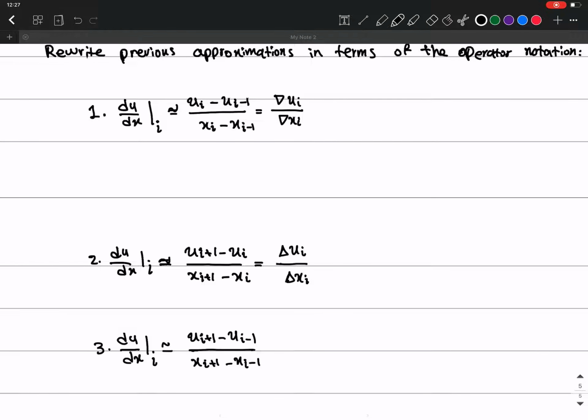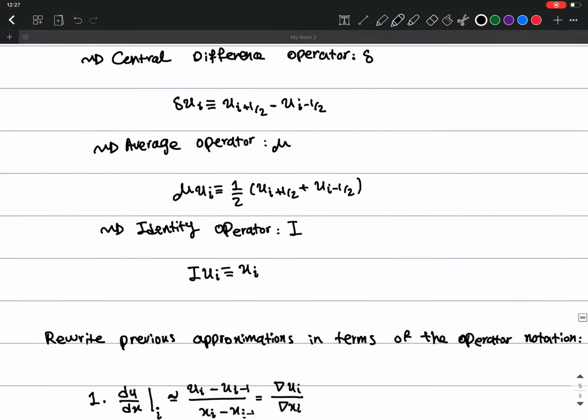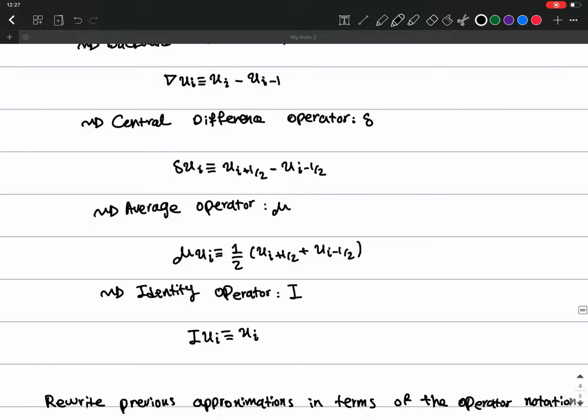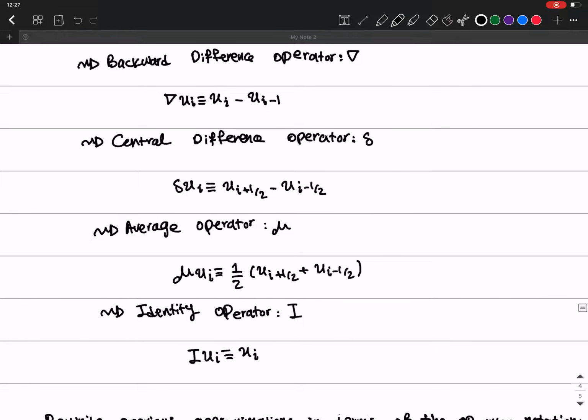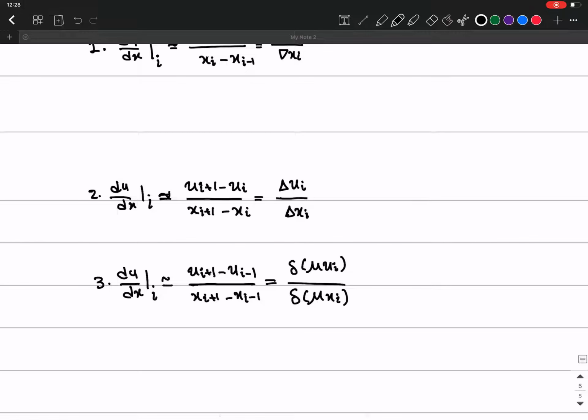This one is a little bit trickier, but it can also be written in this notation as delta mu ui over delta mu xi. Delta is a central difference operator. You apply that to the average operator, and then you get these sums and differences.